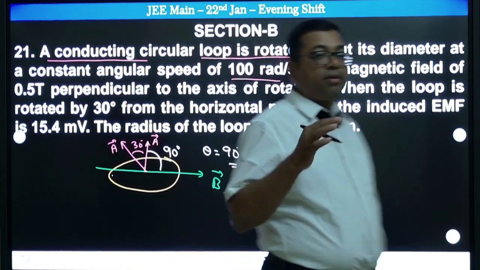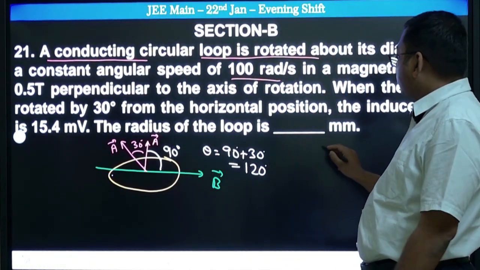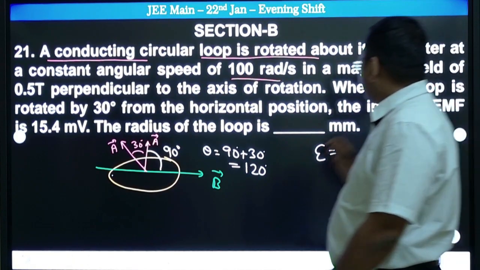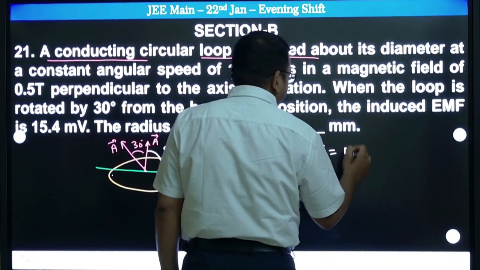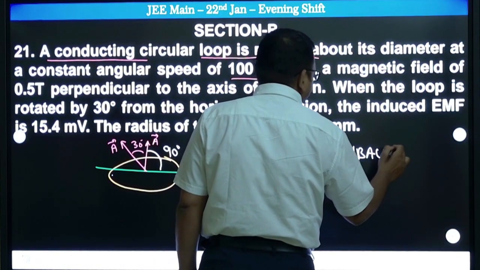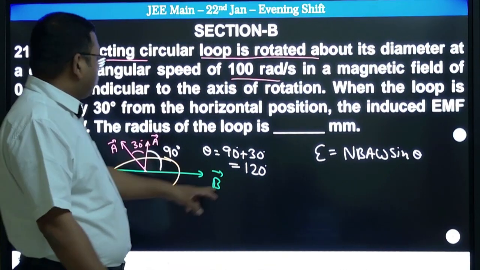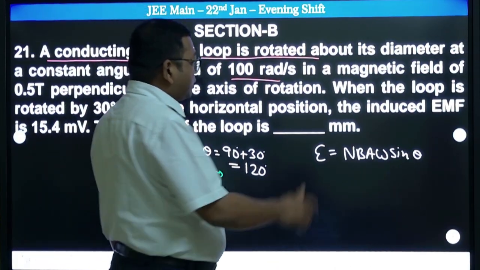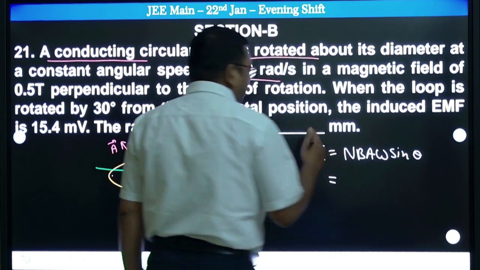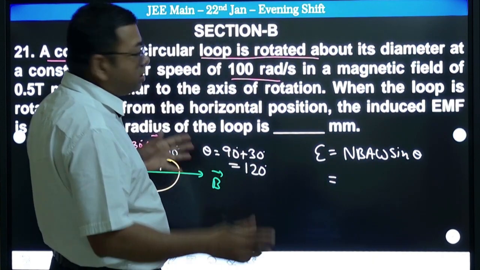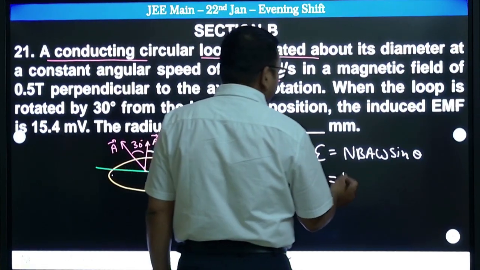And they have given the induced EMF. So you already know the formula for induced EMF: EMF induced is NBA omega sine theta. Theta is nothing but omega t, right? So this angle is given, sine of 120 degrees. Number of turns: there is only one turn, a single loop, so you can take 1.